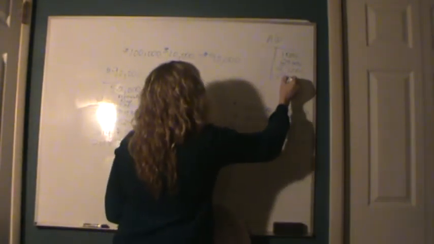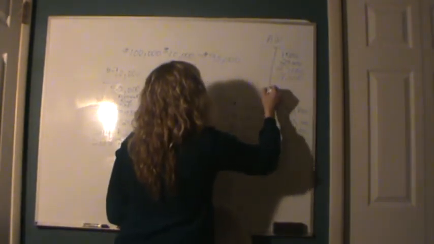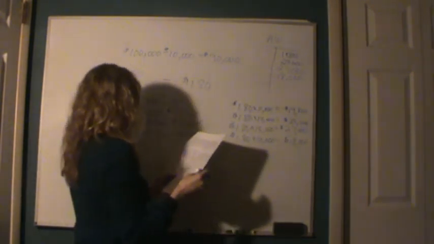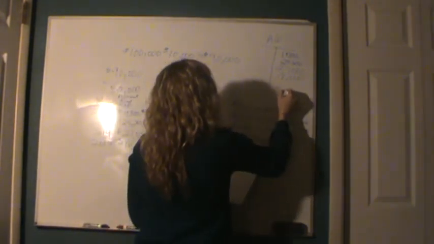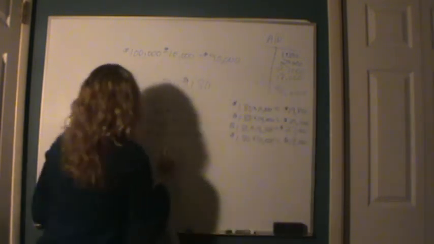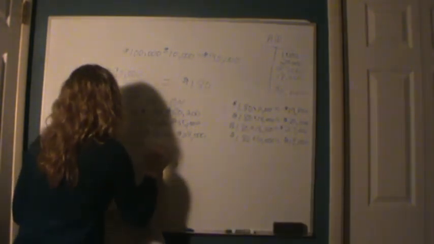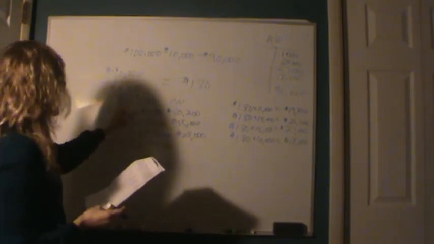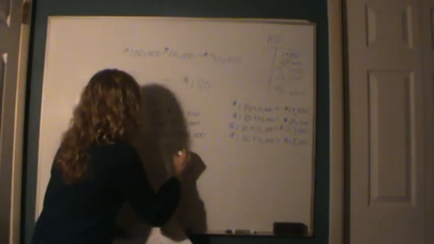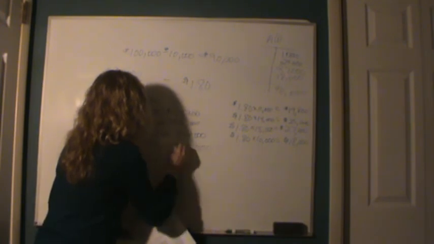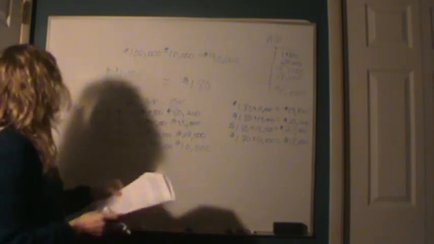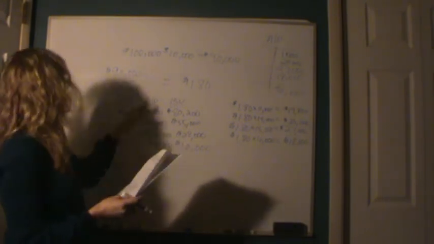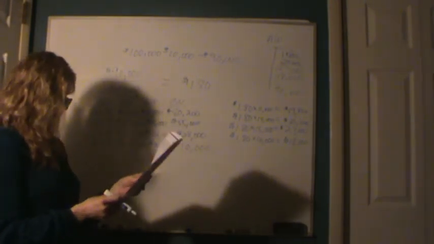We're going to add that to our accumulated depreciation, and that's going to give us a total accumulated depreciation of 90,000 at the end of the 4 years. 100,000, our total cost, minus 90,000, our accumulated depreciation, is $10,000. Just what it should be, right? Because our salvage value is $10,000, and we only depreciate to the point of the salvage value.